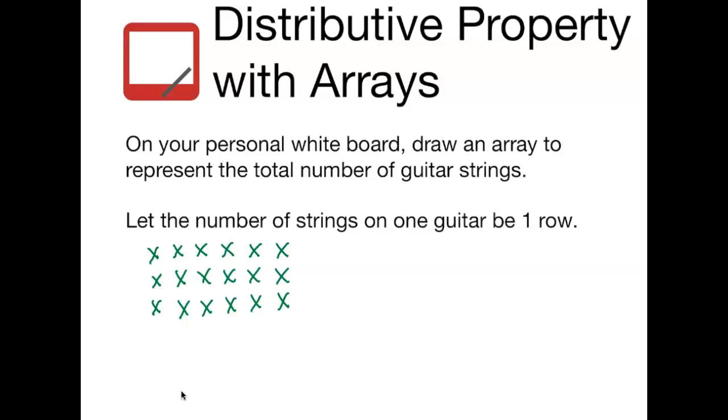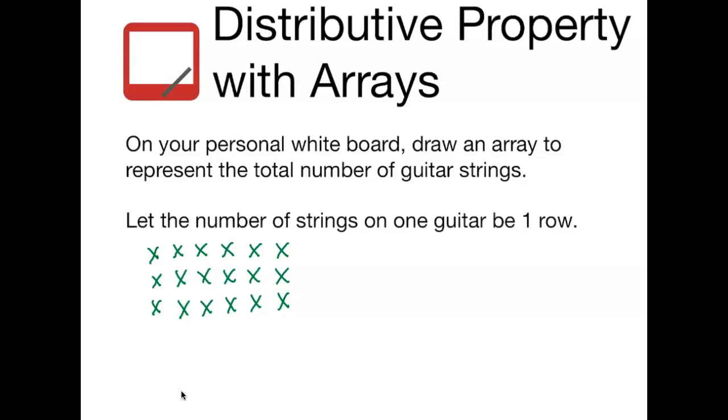So on your whiteboard or your blank piece of paper, you'll need a blank piece of paper and a pencil, or your whiteboard and your marker. We're going to think back to the application problem where we had 3 guitars, 1, 2, 3 guitars, and we had our strings on each of those guitars. We had 6 strings on each of those guitars.